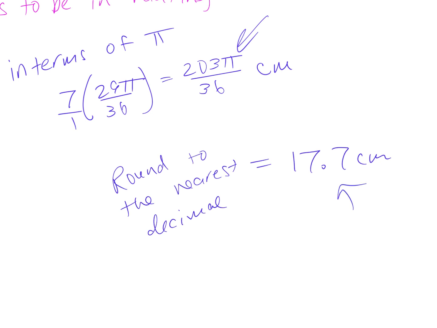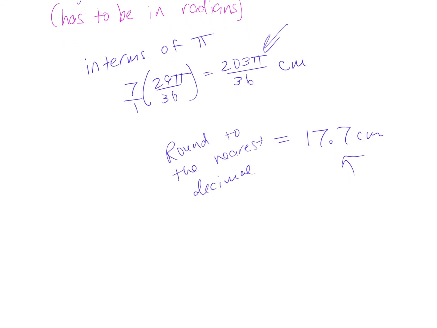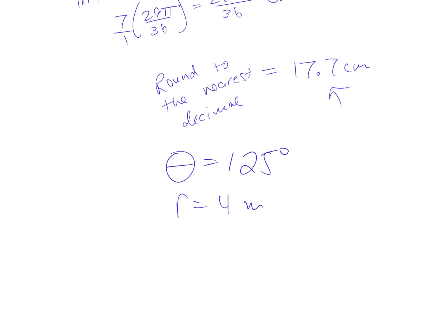Can you do more like this? Like another one? Okay, so given the angle is 125 degrees and your radius is 4 meters, you would say 4 times, I have to change this into radians. So 125 divided by 5 is 25, and this is 36.